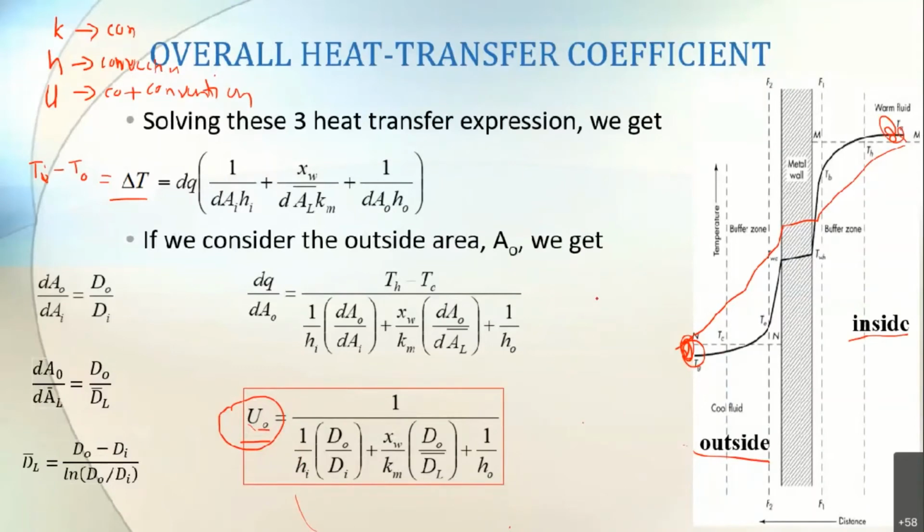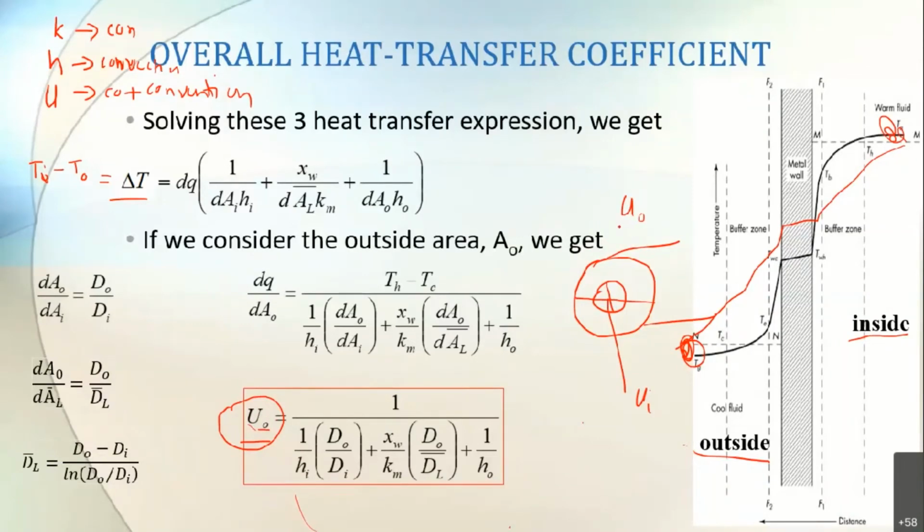If we just draw a circle and draw a tube, this is your inside diameter and this is your outside diameter. When we say UO, the overall heat transfer coefficient based on the outside surface area, we are talking about UO over here. If I have UO, then I can have UI. UI will be based on this inside surface area. So you have UO and UI.